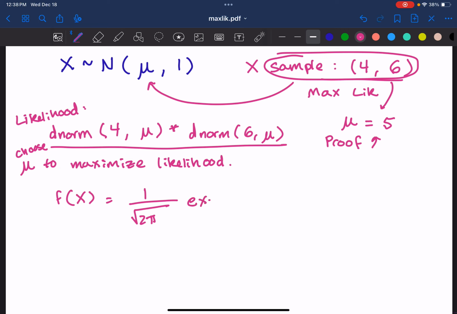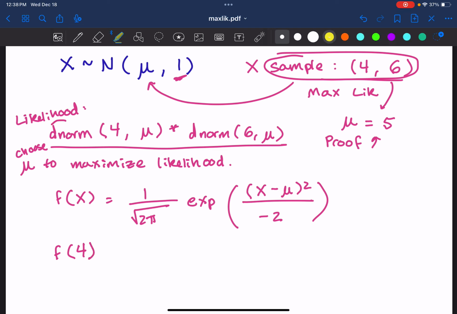And then the exponential function, e to the x minus mu squared in the numerator, divided by 2, and again it's multiplied by sigma squared, but our sigma squared is 1, so I won't write that. So that's the density of the normal distribution. And we're going to say, what is f evaluated at 4, times f evaluated at 6?